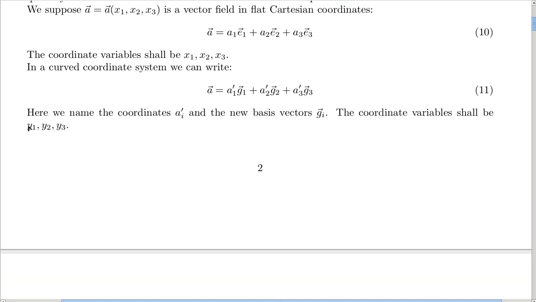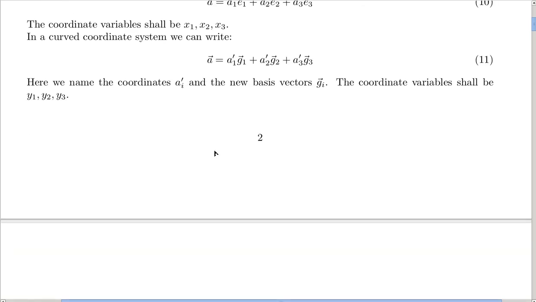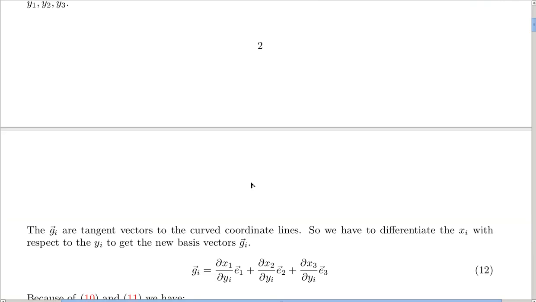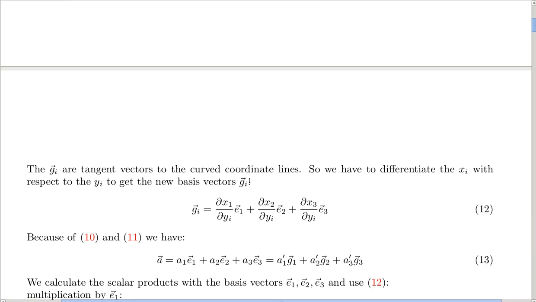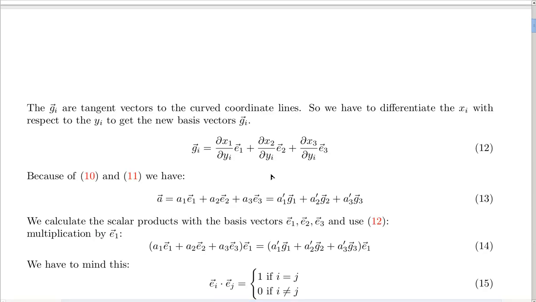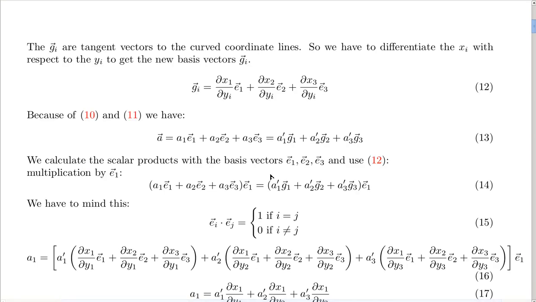And the coordinate axes here are y1, y2, y3. Okay, now that should be known in a curved coordinate system or curved coordinate lines. The g vectors are tangent vectors to the curved lines.